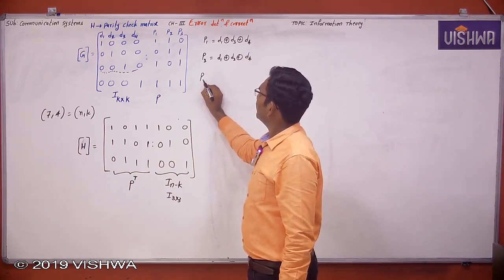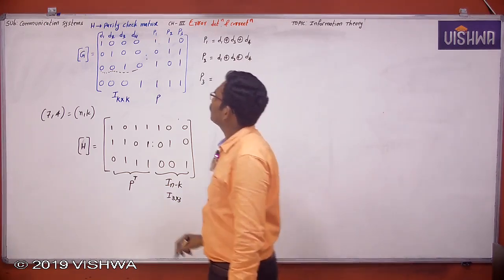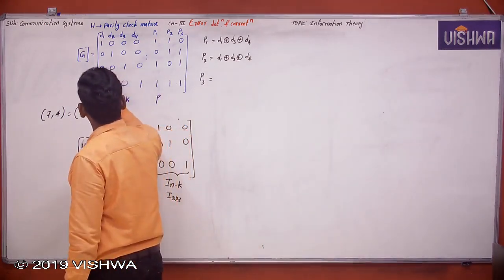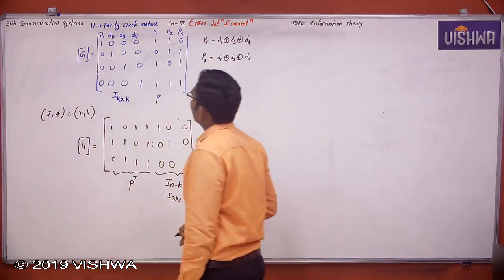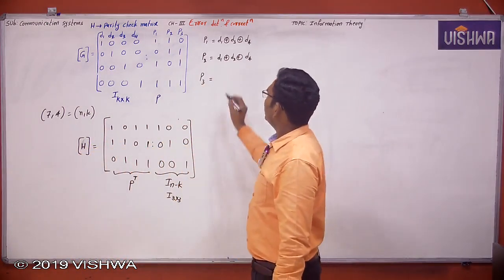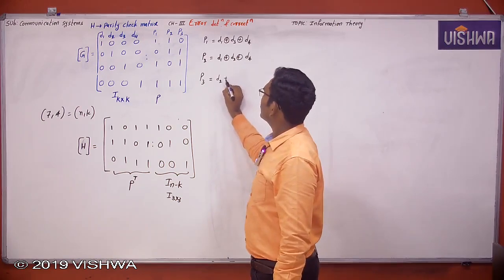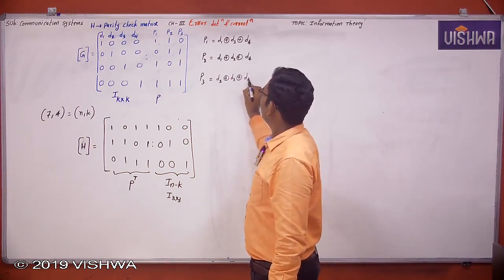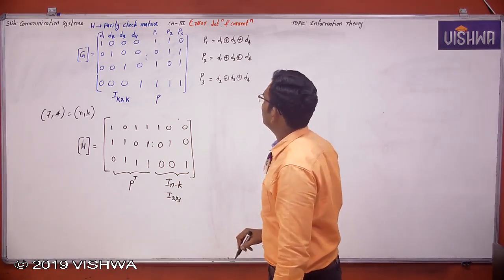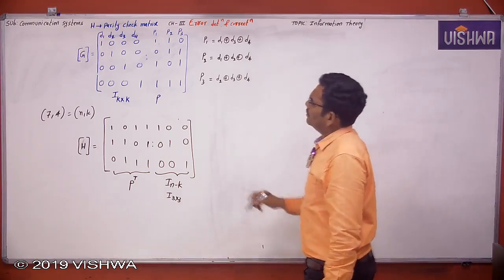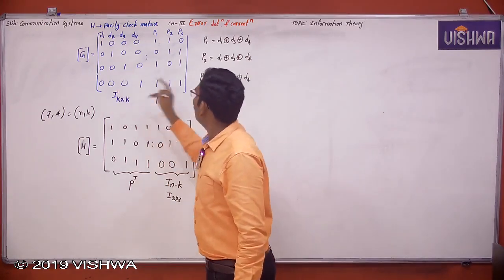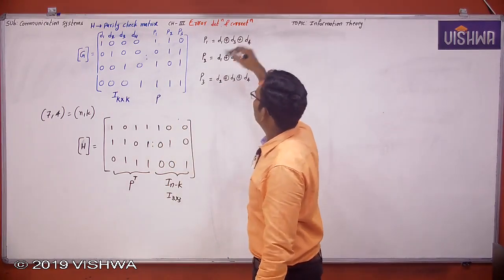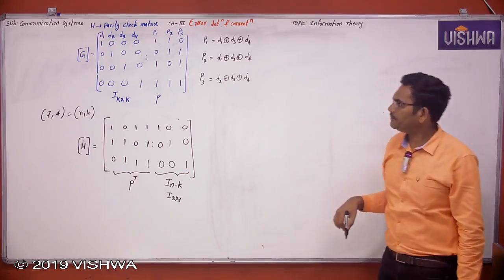Now P3. Now the last one: D2 exclusive OR D3 exclusive OR D4. Therefore 0 exclusive OR 0 gives 0, and 0 1 1 1. These are the parity equations.